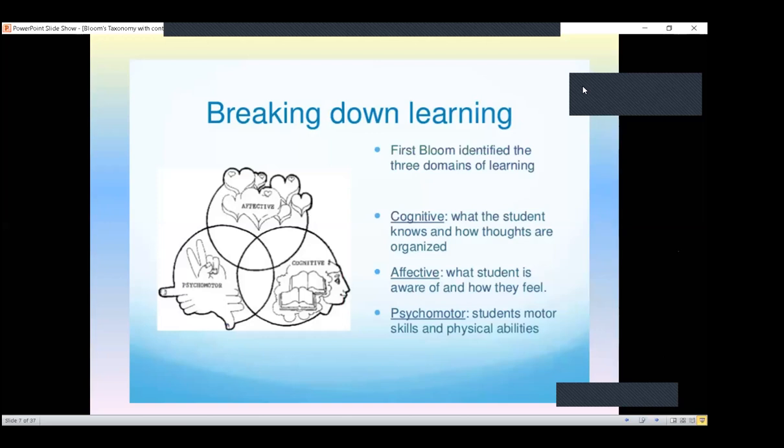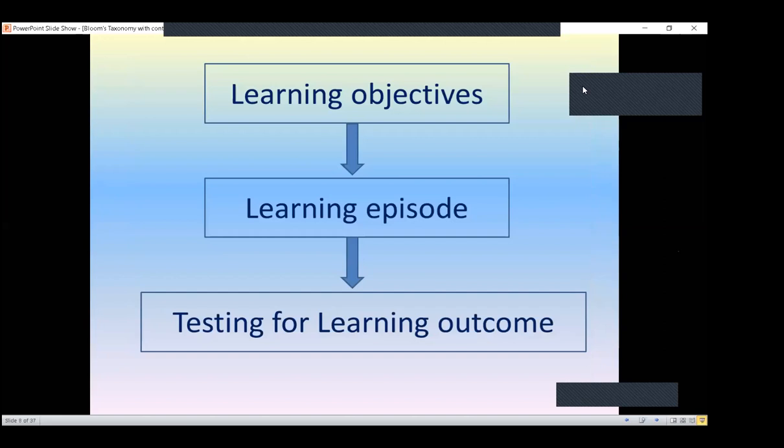Today we'll see how this cognitive domain can be used in framing questions in the question paper, so that whatever learning objectives we are framing are achieved through that. This is throughout our learning process. Whenever we design our course, firstly we form the learning objectives. Based on those objectives, we plan our teaching methods and learning episodes, and after the learning episodes, we test for learning outcomes.